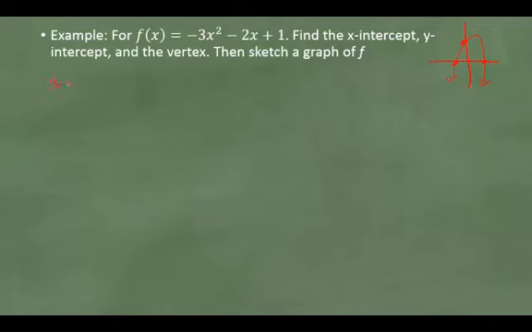For the x-intercepts, remember the first thing you should say is y is equal to 0. In other words, 0 is equal to -3x squared minus 2x plus 1. And we could solve for this using the quadratic formula.